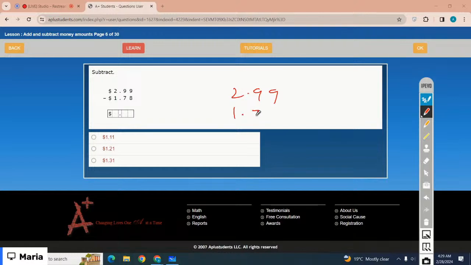Because the money amount is exactly the same as the numbers. You have to start with the rightmost digit. 9 take away 8 is 1, right? Then you have to do 9 take away 7. 9 take away 7 is 2. And 2 take away 1, that is 1. So that is 1.21, the correct option. Option number 2 is the correct option, right?